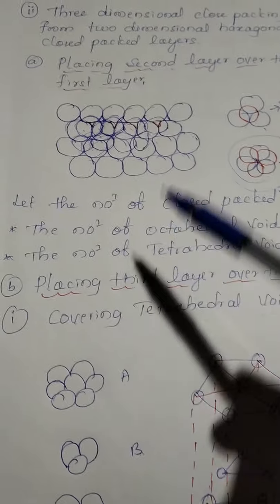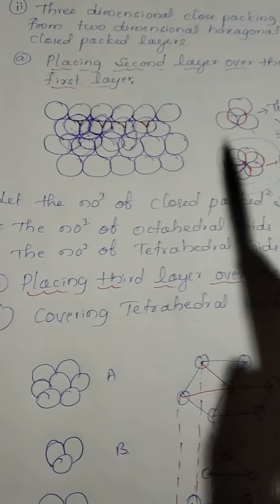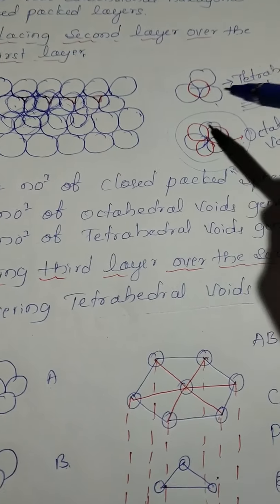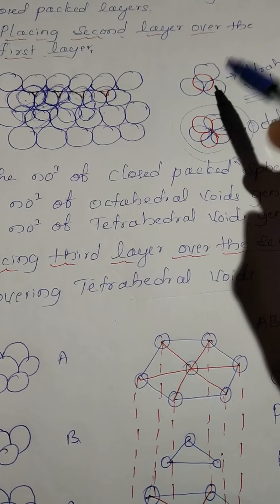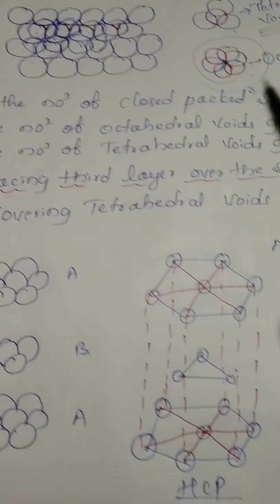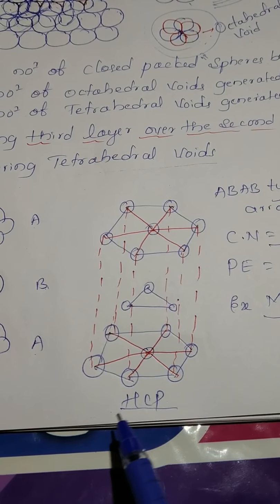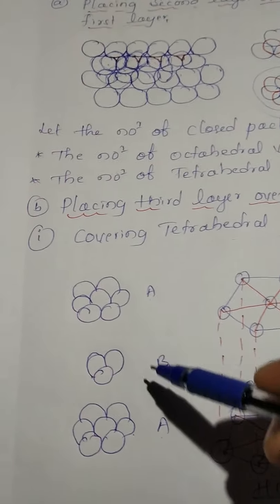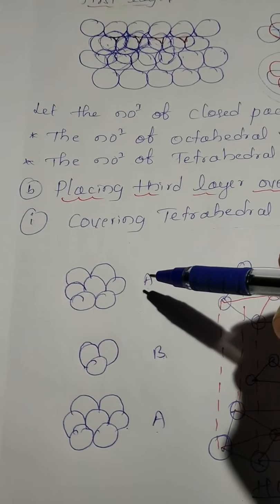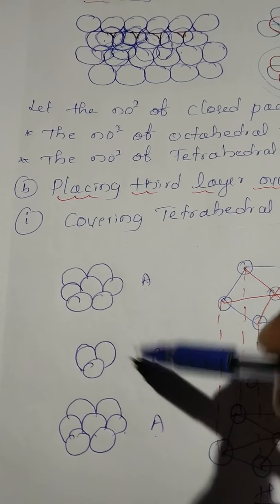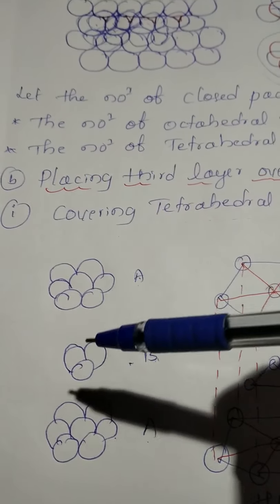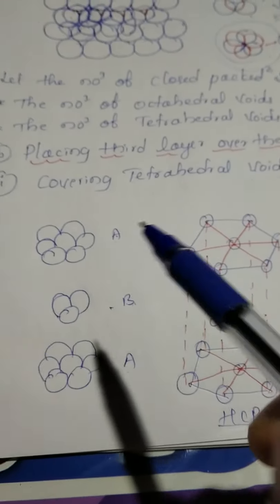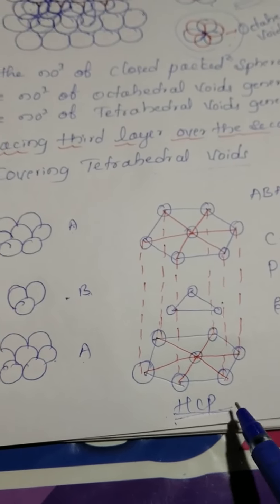See here, placing the third layer over the second layer in such a way that the spheres of the third layer cover the tetrahedral voids, and this arrangement results in the hexagonal close packed structure.